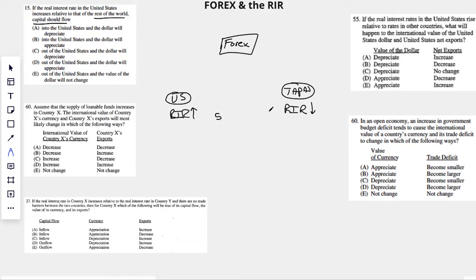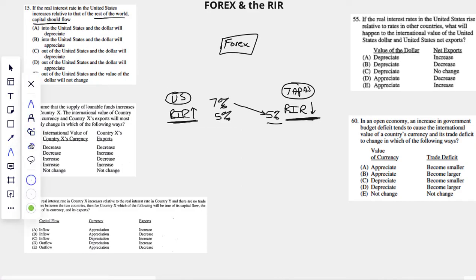Even if they both started out at 5%, and then the real interest rate in the U.S. goes up to 7%, that implies that the Japanese rate, even if it hasn't changed, must be lower. So we just show it as if the real interest rate in the U.S. goes up, relatively the Japanese real interest rate must be lower. I hope that makes sense.